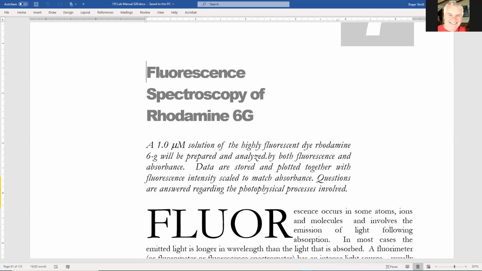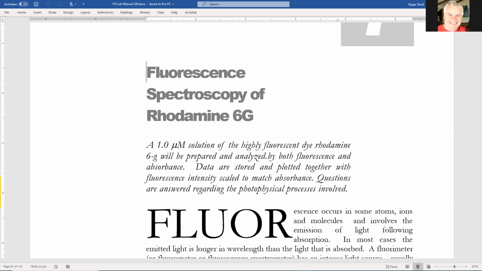Hopefully what we'll see is that the absorption spectrum looks a lot like the fluorescence excitation spectrum.